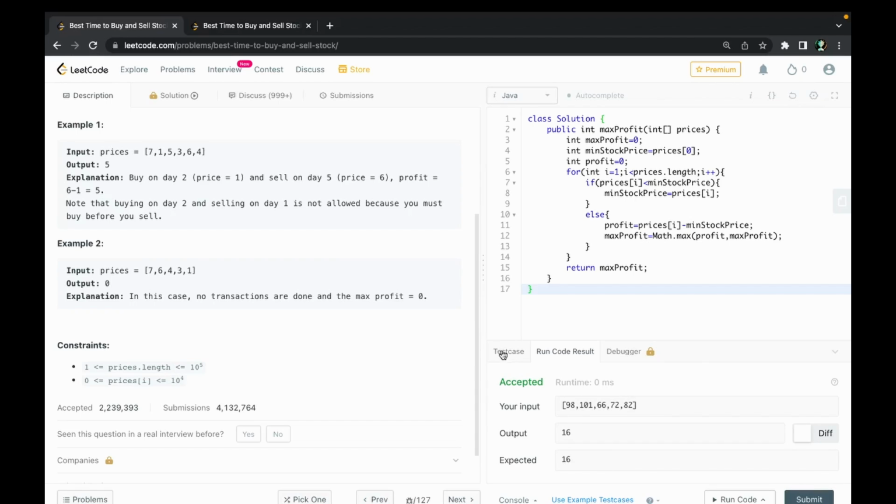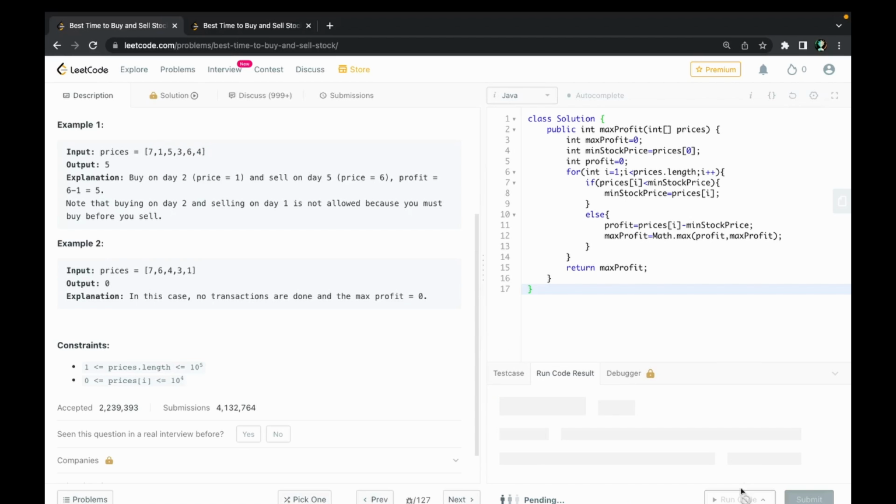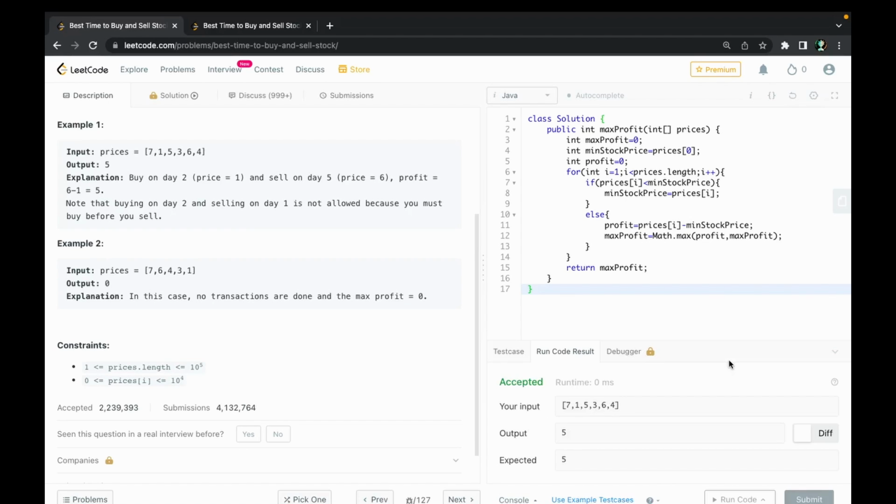Yeah, we are getting the right answer for this test case. Let's take the original test case too. Yeah, we are getting the right answer for that as well.